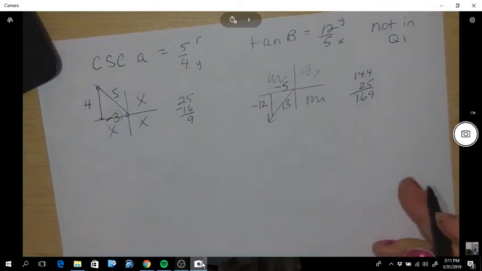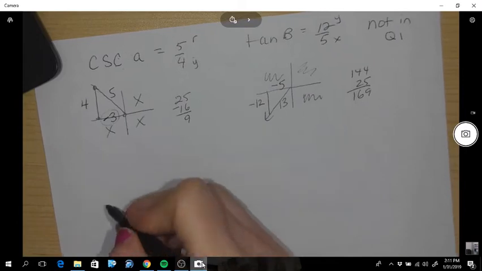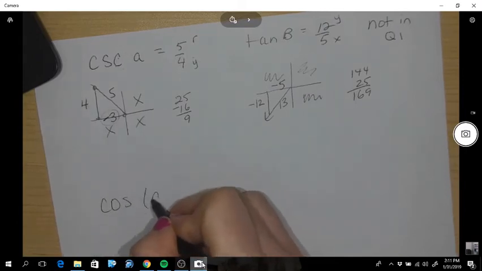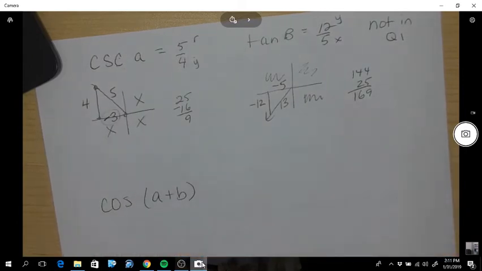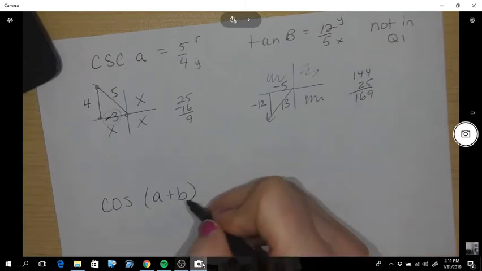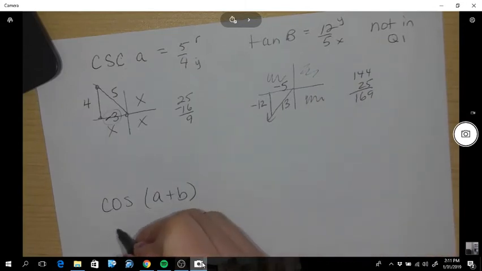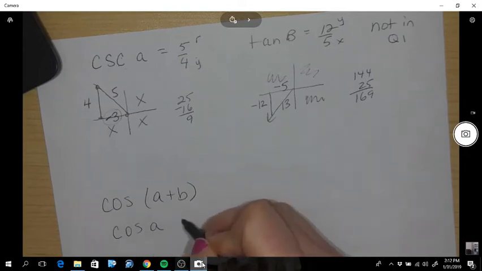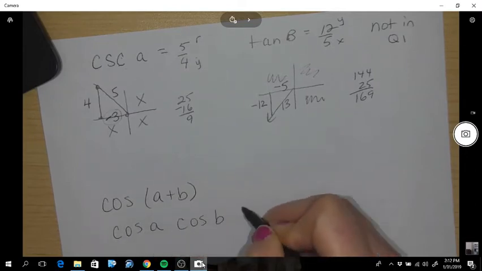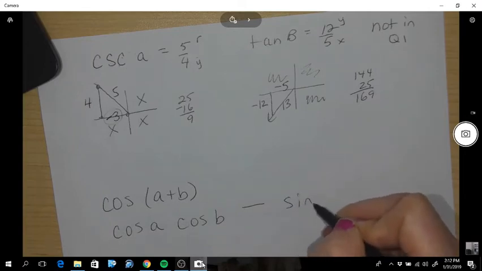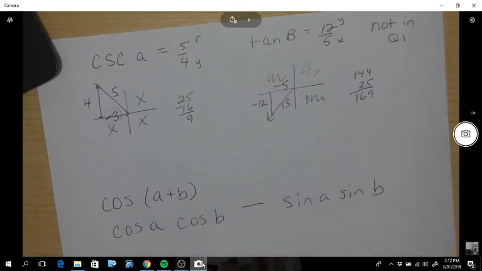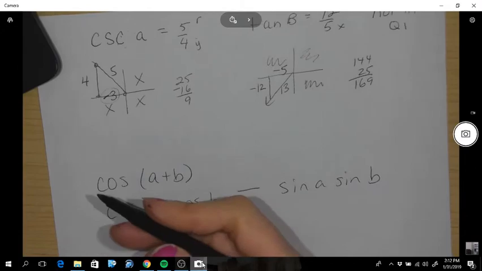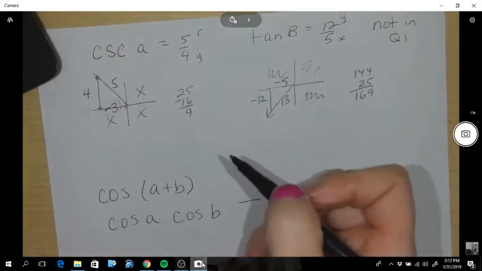Okay, now let's say I'm asking you what is the cos of A plus B. Okay, so for that formula, you're going to need cos A, cos B, subtract sine A, sine B. Okay, so let's write down what these are going to be.